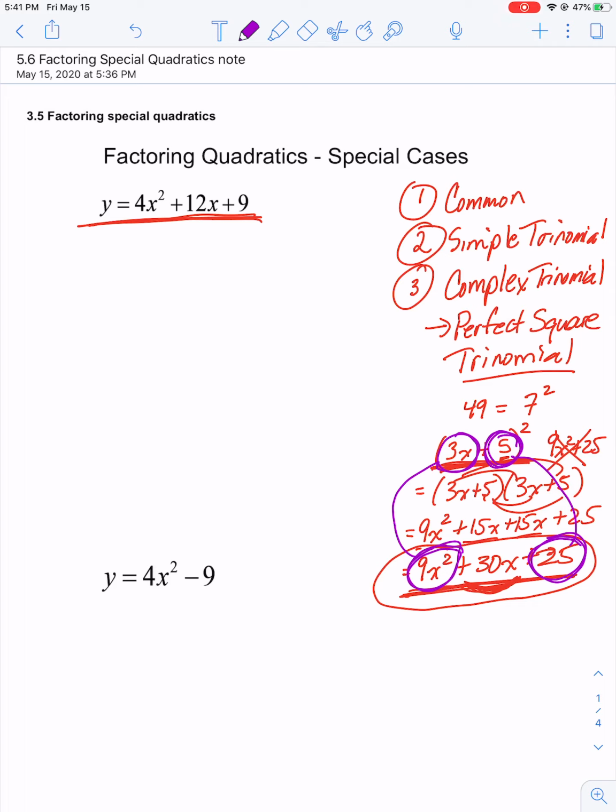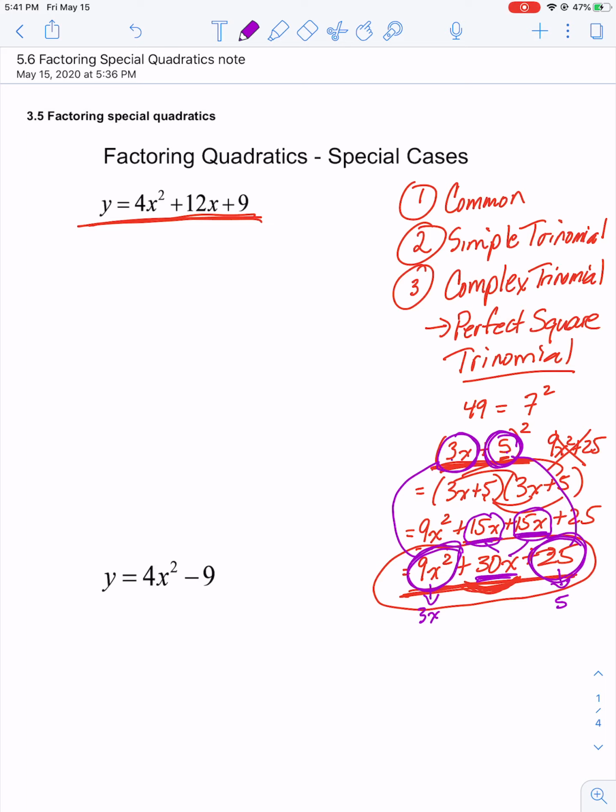Well, if we take the 3x, which is the square root of 9x squared, and we take the 5, which is the square root of 25, if we multiply those two together and then double it, because that's what happened here, we did 3x times 5 to get 15x, and then we did it again, so we doubled it to get the 30x.